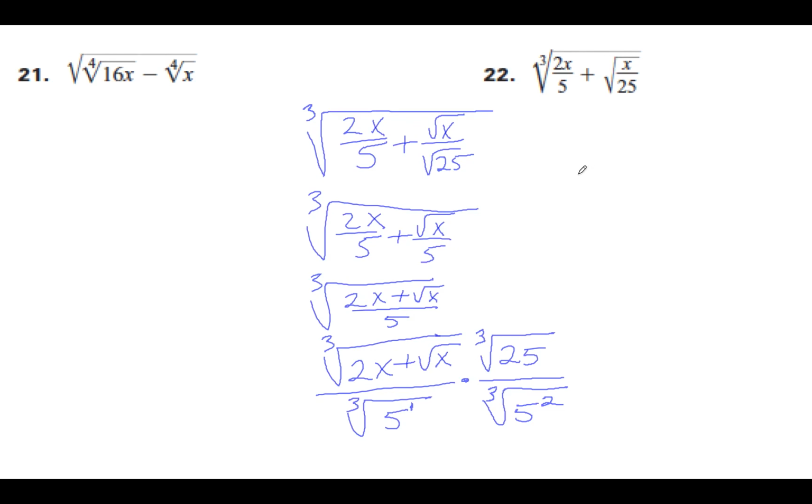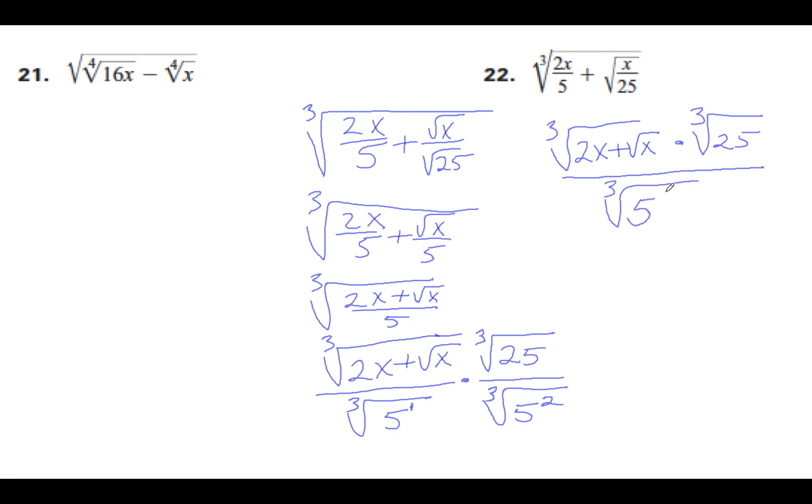So what's happening on the top, you get 2x plus square root of x times cube root of 25. And on the bottom, you're going to get cube root of 125, or just 5 to the third power. Cube root of 5 to the third power gets me 5, exactly what I wanted.